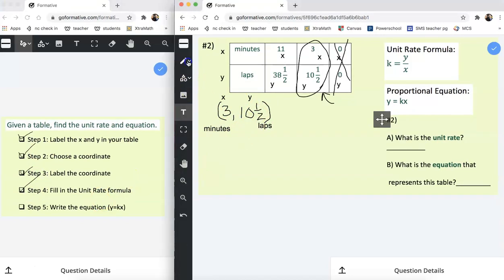All right, it's time to find the unit rate. So I'm going to grab the scribble tool. I'm going to draw an equal sign and a fraction bar. I'm going to write the word per for the fraction bar. I'll grab a different color. And we're finding Y first. So I go over here. Y is 10.5 laps. I think it'd actually be easier with the 10.5 if I just write it instead of typing. 10.5 laps.